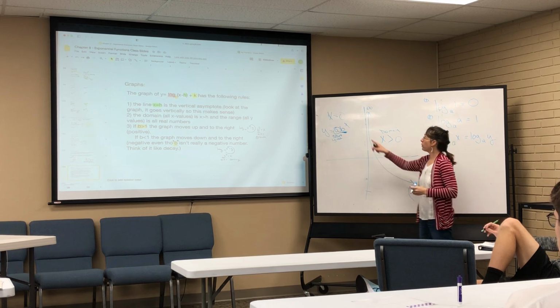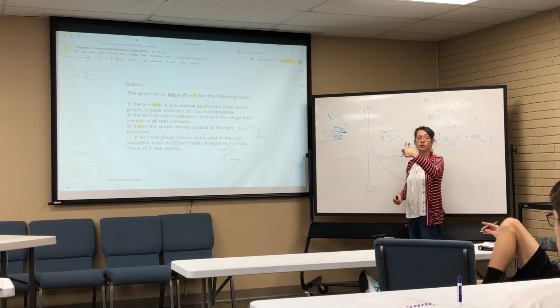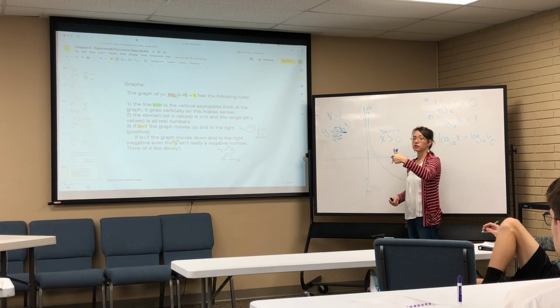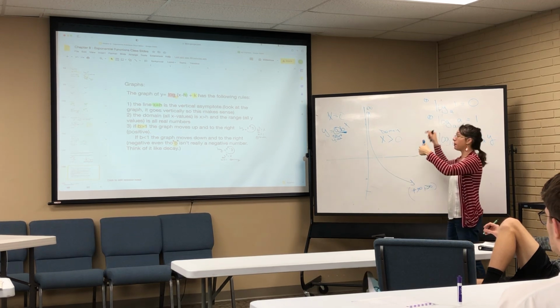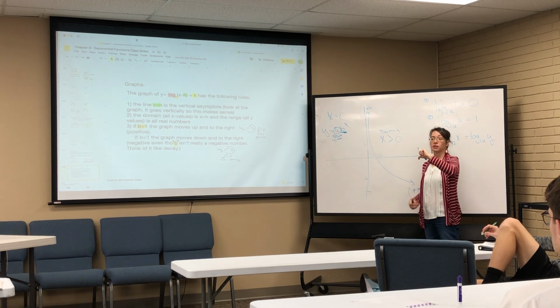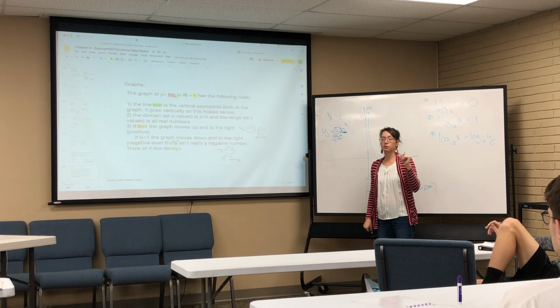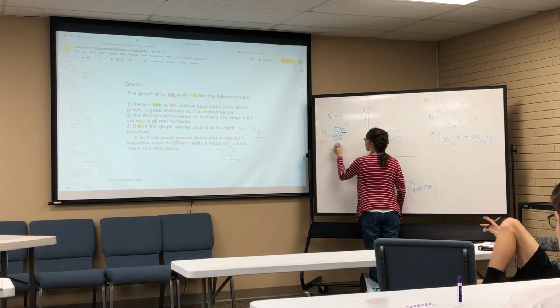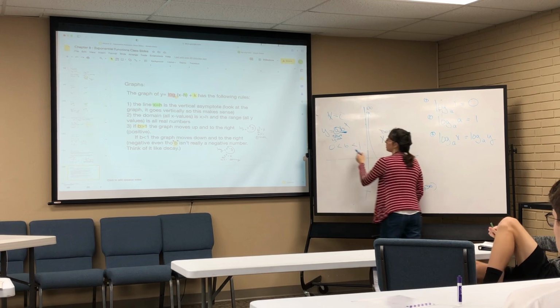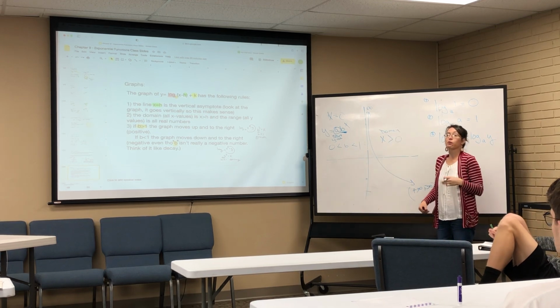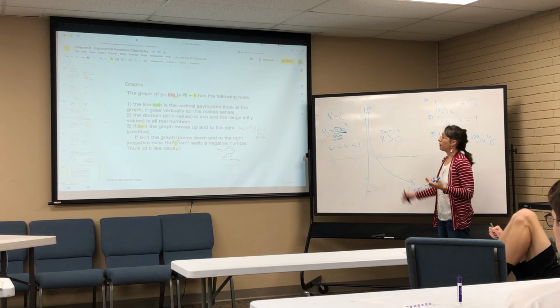So if b was greater than 1, what was the graph doing? Growing. It was going up. If b was less than 1, it was going down. Does less than 1 mean negative numbers? No. It meant somewhere between 0 and 1, so a fraction.